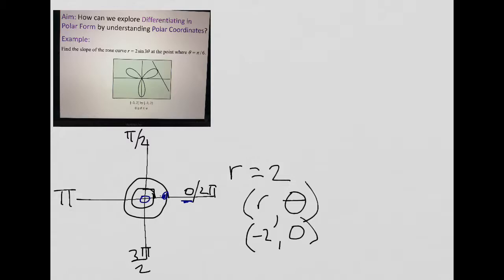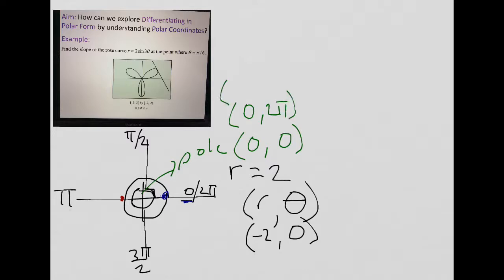It comes over on this other side. We don't refer to this place as the origin, we call it the pole, and the pole is where the angle measure is 0 and the radius is 0. Actually, with any radius of 0, you're going to be on the pole. So this is the pole, that is the pole.